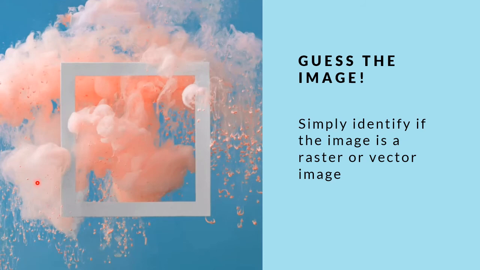An easy way to determine a raster image is by simply asking yourself whether this image looks like a photograph to you. And for me, this looks like a photograph. So, hindi lang yung blending of colors ang nagsasabi na raster siya, but obviously, this is a raster image, okay? So, if it does resemble a photograph, it must probably be a raster image, okay? Simple as that.